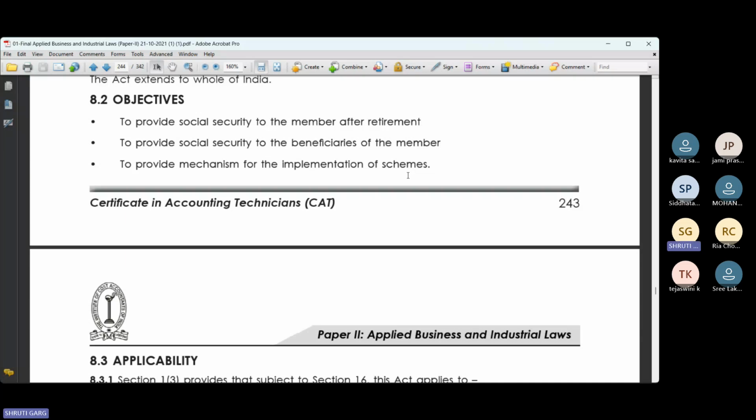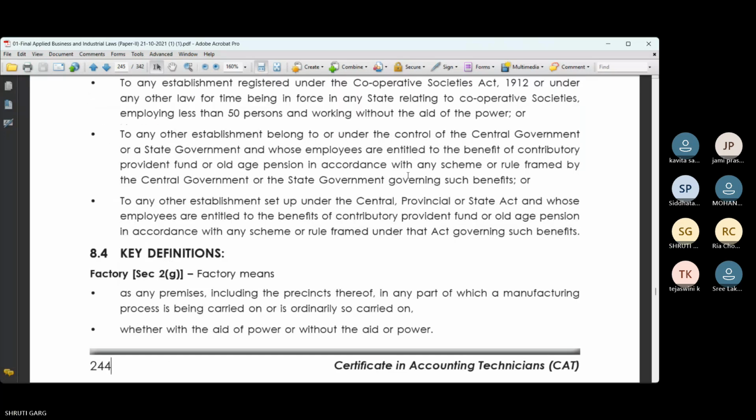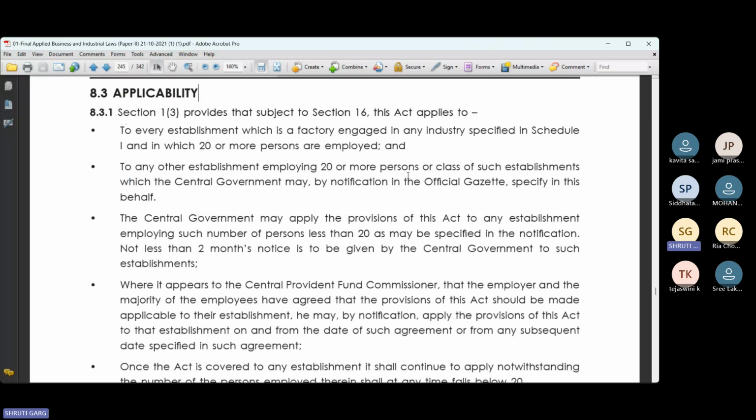Now the applicability. To every establishment which is a factory engaged in any industry specified in schedule first and in which 20 or more persons are employed.